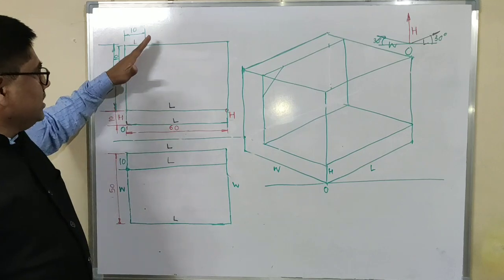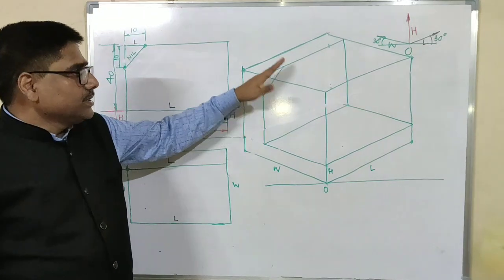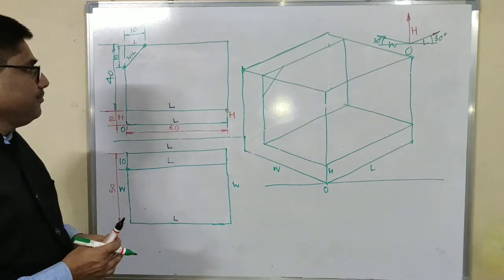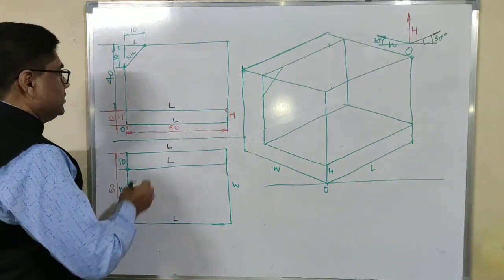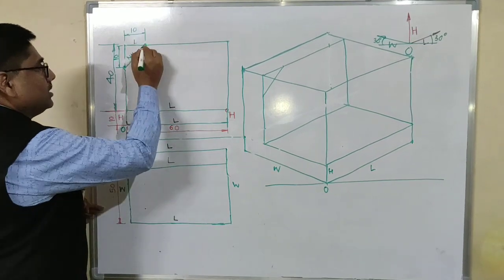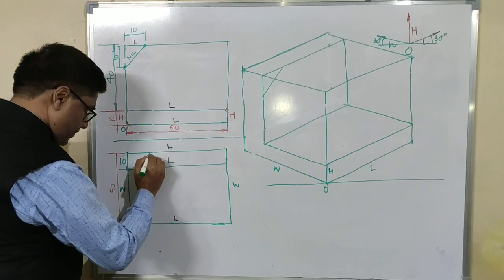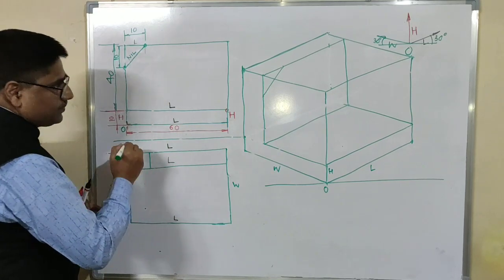Once we get one line here, there will be another line to the rear side, that is the back side. The projection of this, if we chop out this portion, will be this.